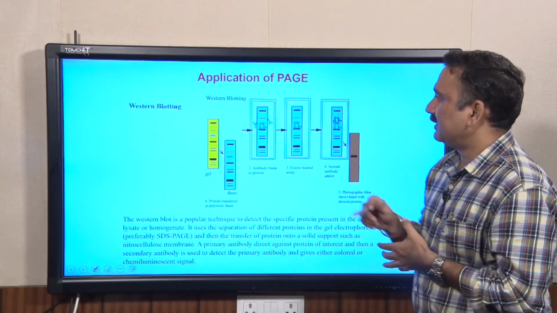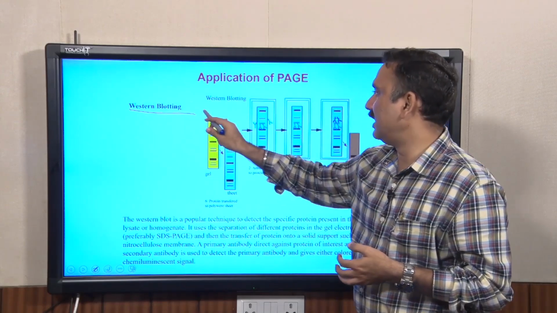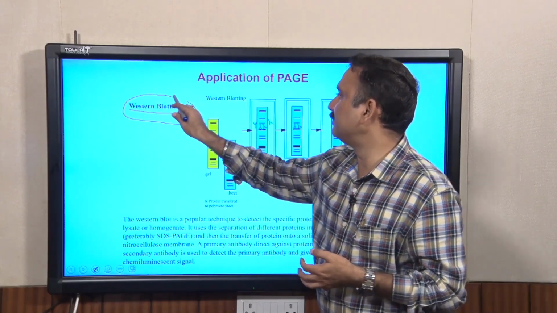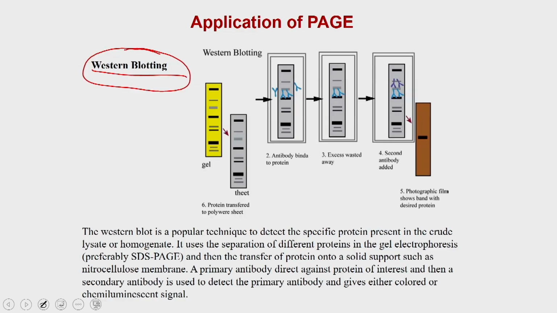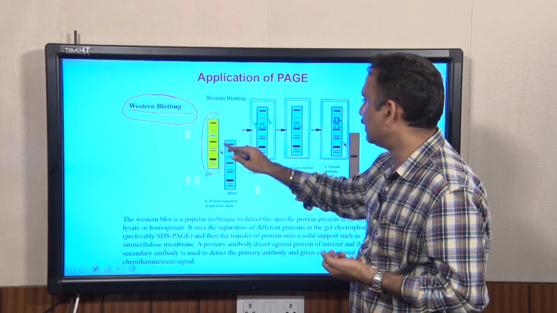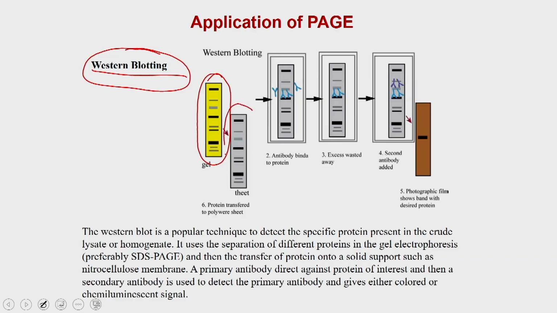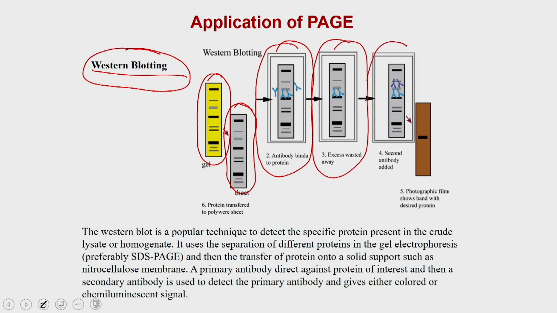Then we took the example of Western blotting. We also showed you a very in-depth demo of the different steps of Western blotting, where first you run the SDS page, then you transfer it onto a nitrocellulose membrane, then you treat the membrane with the primary antibodies, then you do a washing step, then you treat it with the secondary antibodies, and then ultimately you do the development.